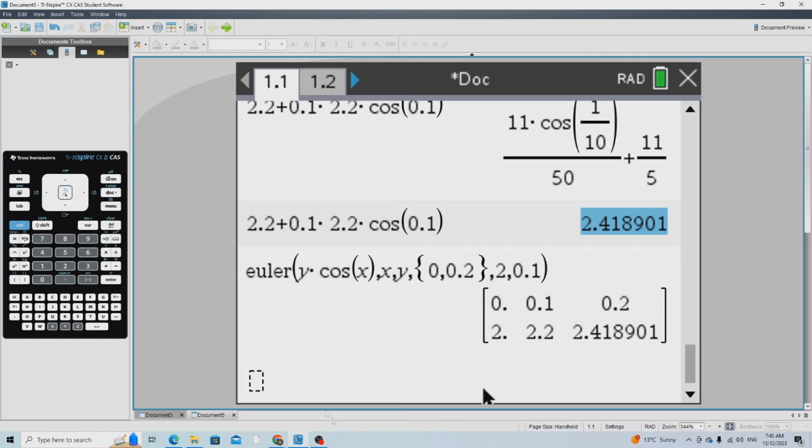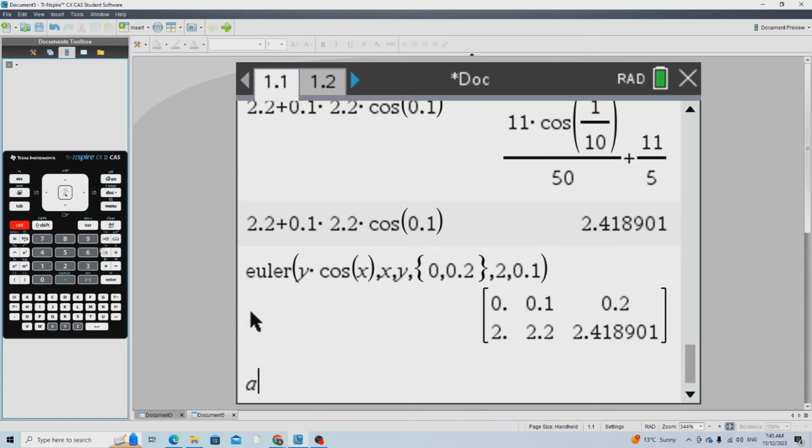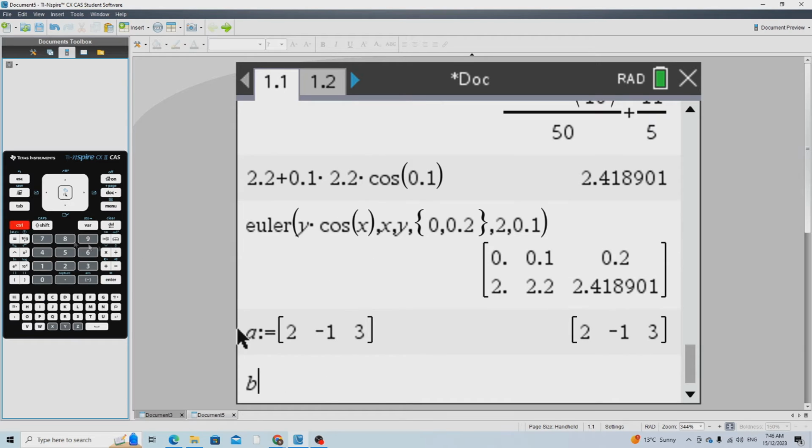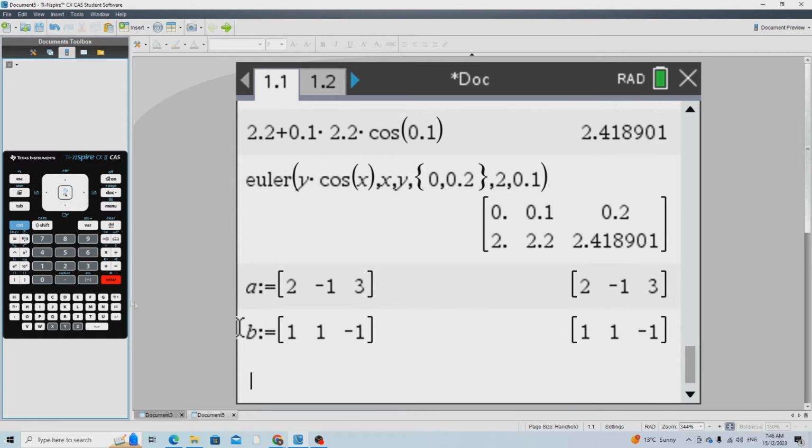So let's do it. If I define the vector A, what is it? It is (2, -1, 3). Vector B as (1, 1, -1). And so let's write everything down.